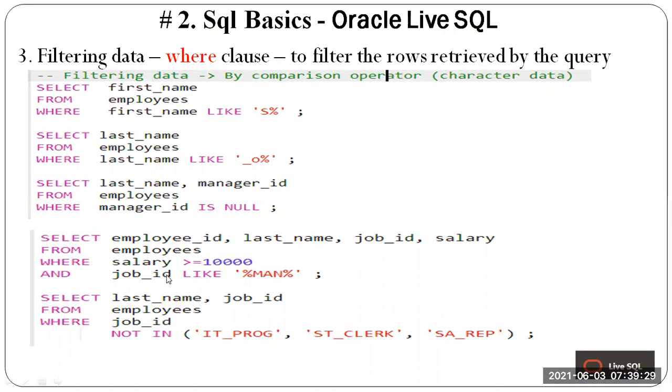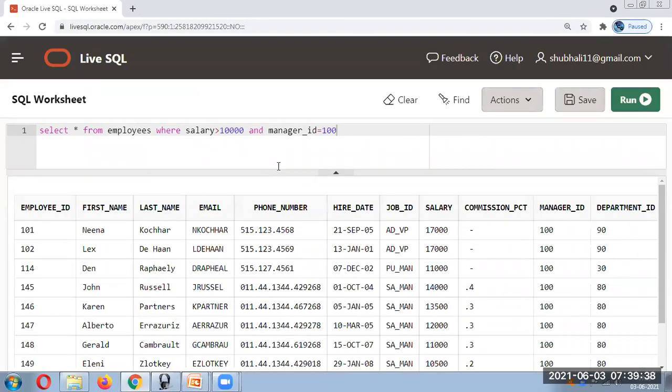Next is NOT. It's the reverse of IN, so you can check for people who are programmer, clerk, or sales representative. Let us try this. First, we can try IN, and then we can try NOT IN. Where job ID in, we can write bracket SA_MAN, that is sales manager, and put single quotes over here because it's a character.